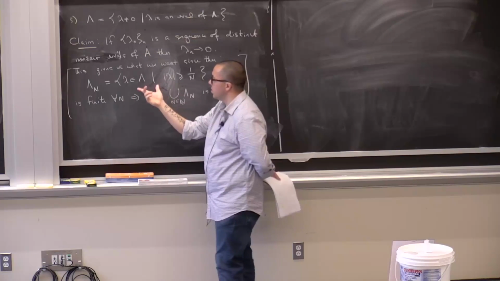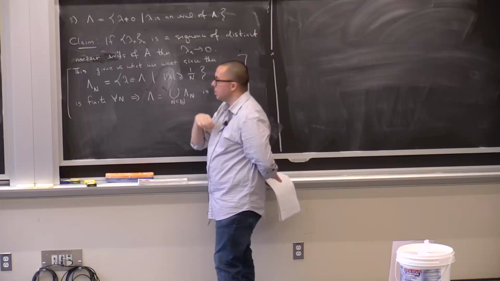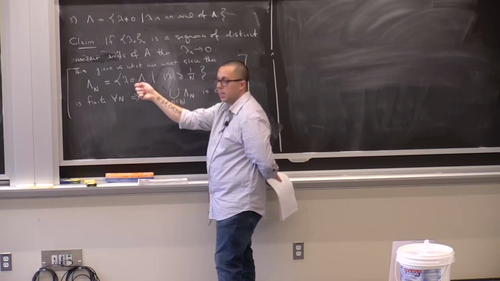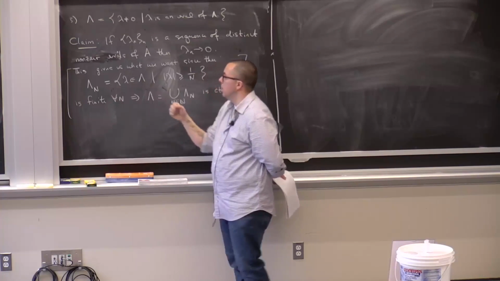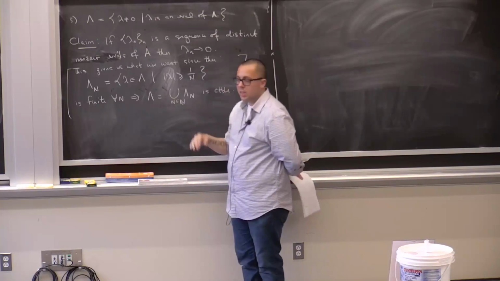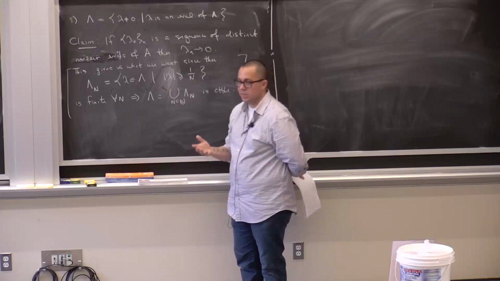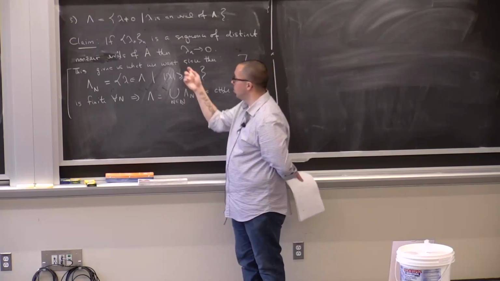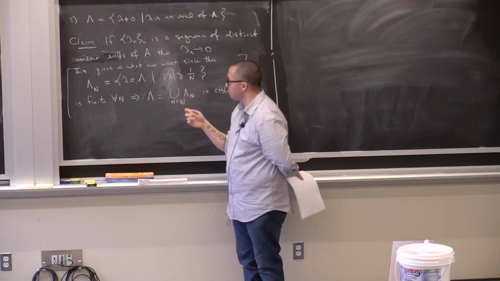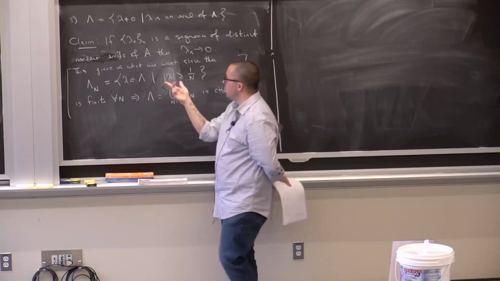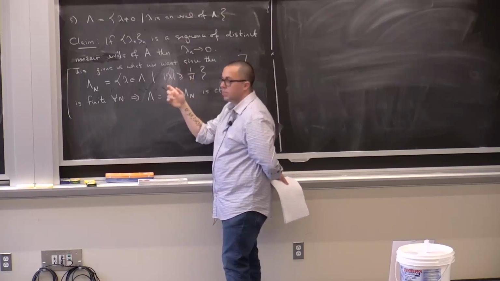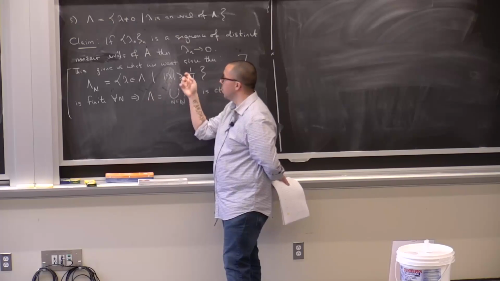Well, if this set is infinite, then I can pick out a sequence of distinct elements in lambda sub n that converges. I could just take any sequence and then take a convergent subsequence because that sequence has to be bounded between 1 over n and the norm of A. But since they're all bigger than or equal to 1 over n, that sequence has to converge to something that's non-zero.